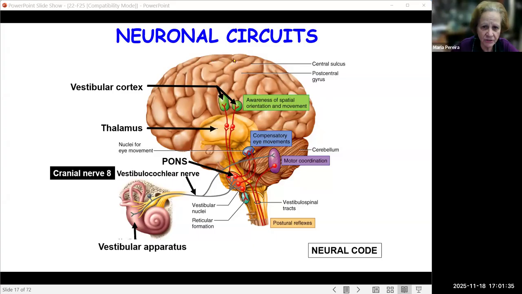Okay, so what is a neuronal circuit? It's the wiring of the brain coming from the periphery. How does it reach a particular area in the brain? And so remember, it doesn't matter what kind of stimulus, the stimulus is going to be converted into an electrical current. So how can the brain interpret it? It all depends on where that electrical current generated by stimulus A ends up.